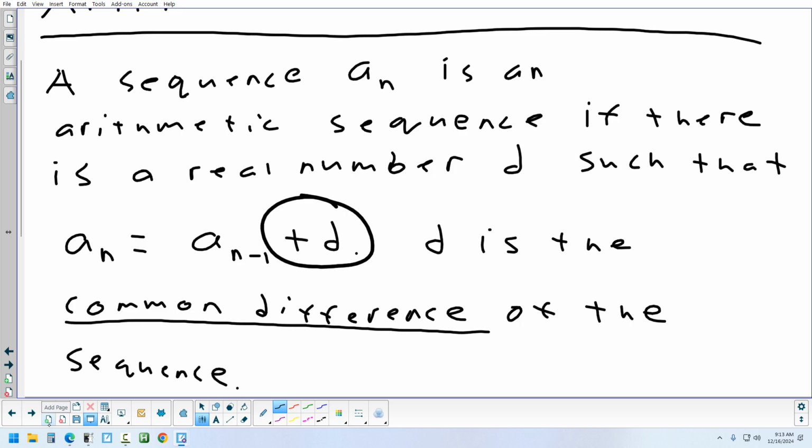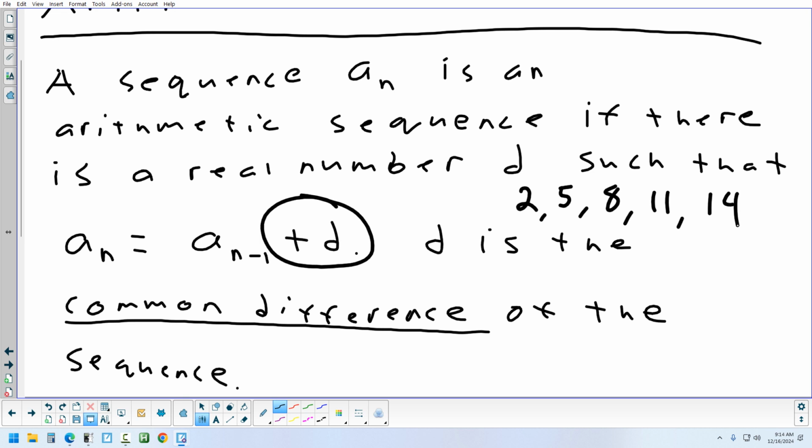So why do they call it a difference if you are adding each time? Well, let's look at an example. Let's take 2, 5, 8, 11, 14.